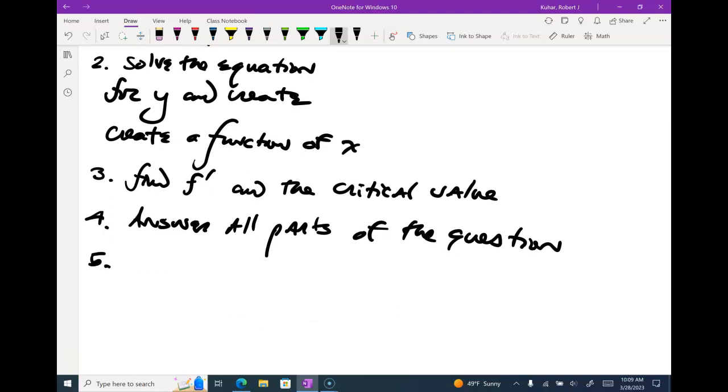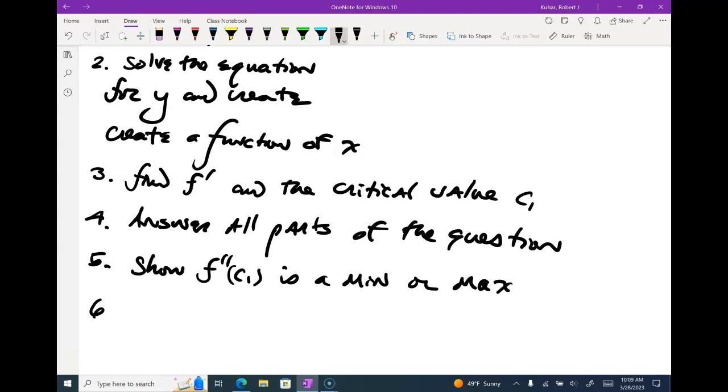Step 5, double check your critical value in f double prime, right? Show, I'll call it C1, right? Find f prime in the critical value C1. Show that f double prime of C1 is a min or max. Make a conclusion.